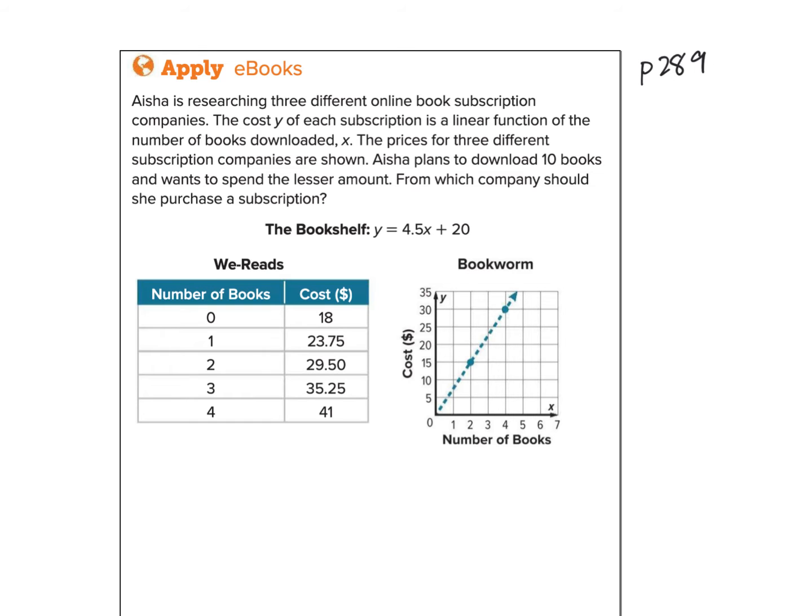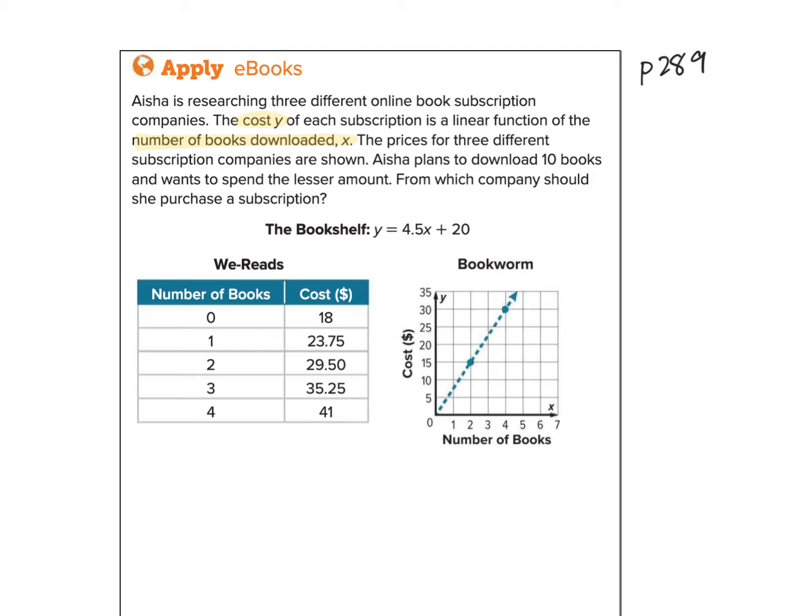All right, if you can open your math book up to page 289, that would be awesome. And we are going to try this problem. Now you can work this out on the entire page, wherever you have some space. Aisha is researching 3 different online book companies. The cost Y of every subscription is a linear function of the number of books downloaded, X. So X stands for how many books she downloads, Y is the cost.